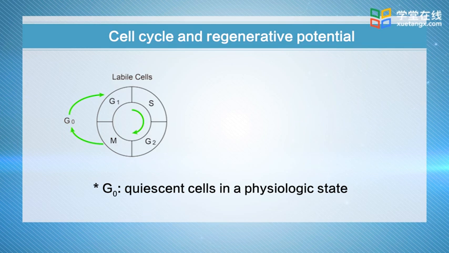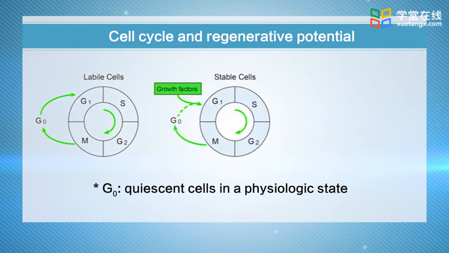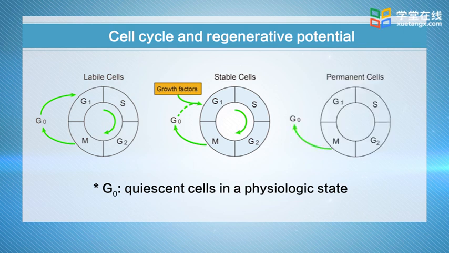These cells are quiescent and are not engaged in the replication or division process. Upon stimulation by growth factors, they may advance from G0 into G1 phase. However, the most specialized cells have little or no ability to divide.